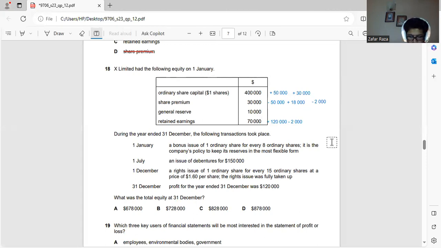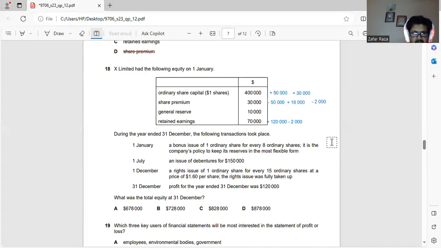So how to calculate total shareholders' equity now? 480,000 is our share capital. 10,000 is our general reserve. 70,000 plus 120,000 minus 2,000, 188,000 is our retained earning.